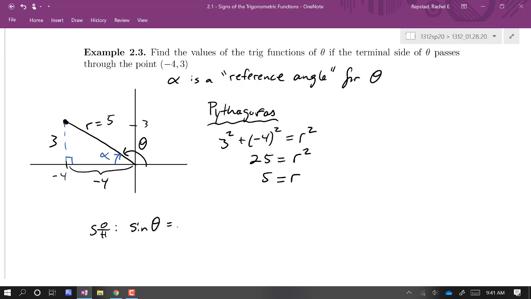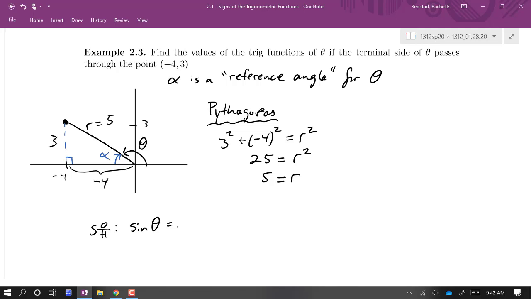If I did cosine of alpha, alpha being an acute angle, it would be positive 4 over 5. But I'm using alpha to construct this right triangle, and I'm still attaching the signs to the legs. So when we use SOHCAHTOA, it'll actually give us sine, cosine and tangent of theta, as long as we attach the right signs to it.